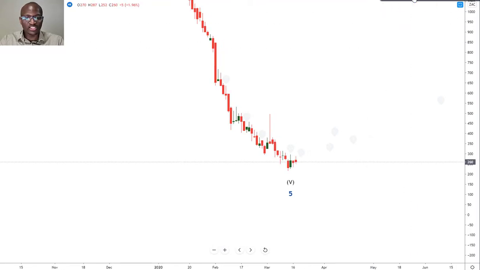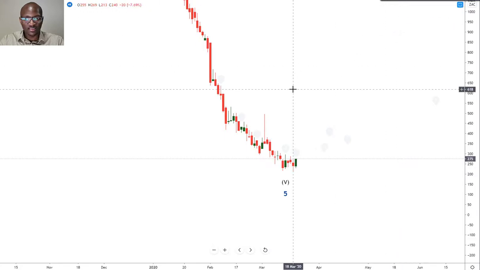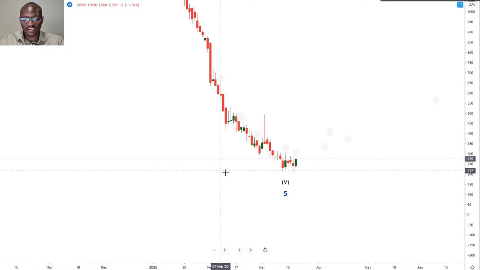And what we saw actually, funny enough, was that not too long after that, the market bottomed. So on this day, 18 March 2020, the low of 213 was reached on the 18th of March. So let's just highlight this as a significant low.